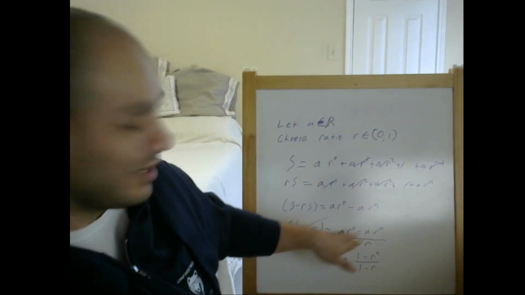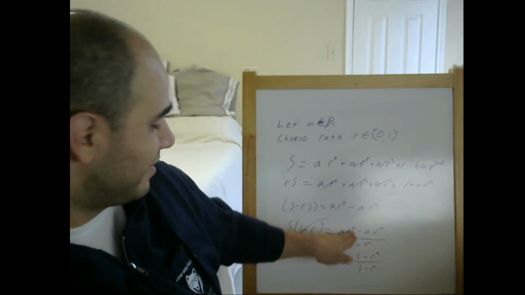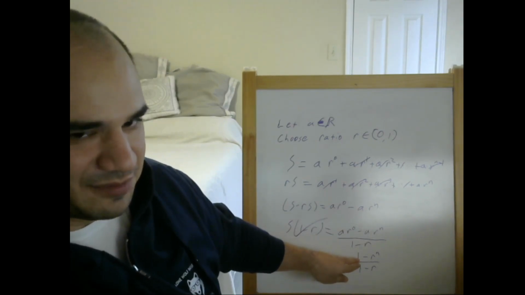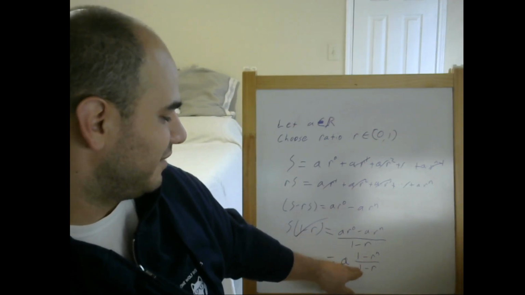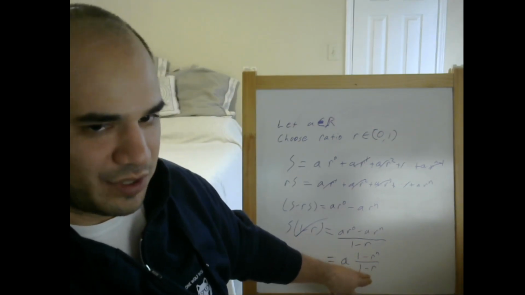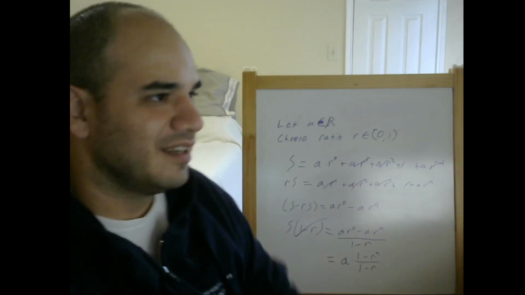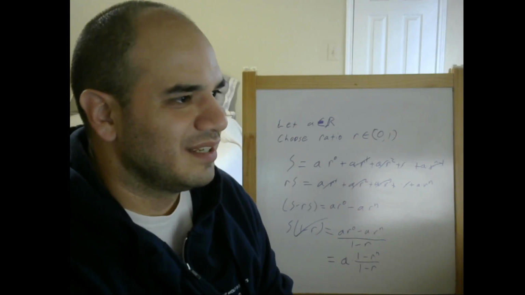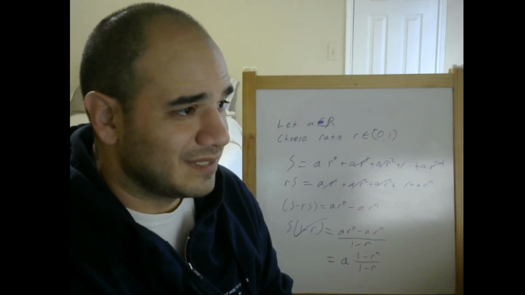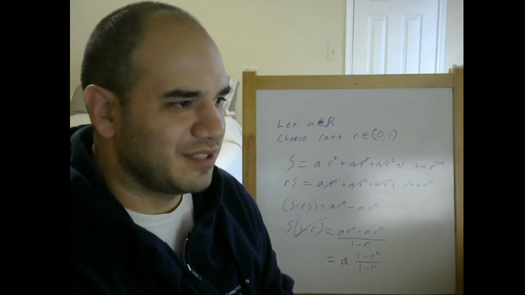So a comes out of the numerator. R to the 0 was 1, so we just simplify that to 1. And we get a times 1 minus r to the n divided by 1 minus r. Okay, so that's a pretty nifty result. So again, that works whenever r is not equal to 1.